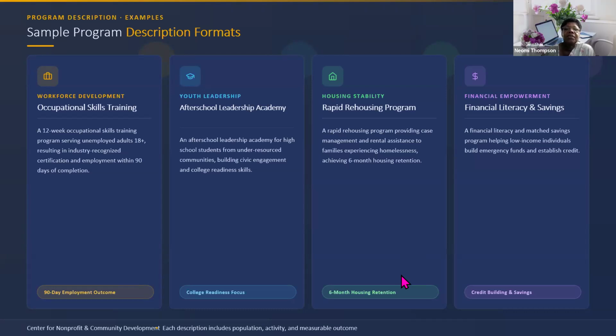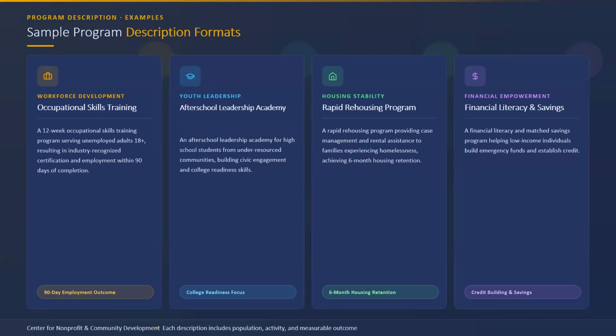Housing stability, rapid rehousing program: a rapid rehousing program providing case management and rental assistance to families experiencing homelessness, achieving 6-month housing retention. Financial empowerment, financial literacy and savings: a financial literacy and matched savings program helping low-income individuals build emergency funds and establish credit.